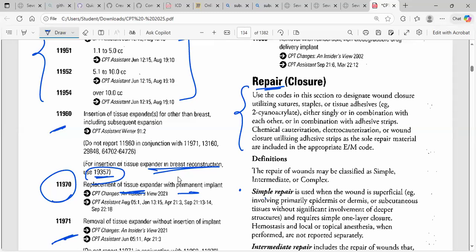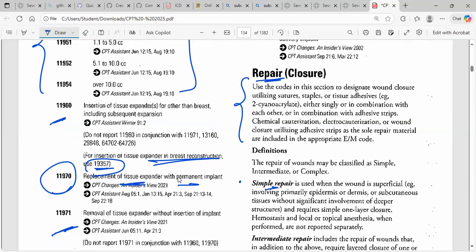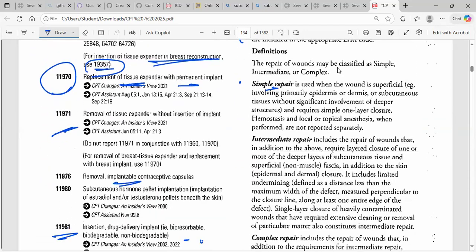So the first is simple repair. We have to use simple repair when only the superficial layer has been closed, or whenever only one layer has been closed. So if there is a one layer closure, we are going to consider it as simple.